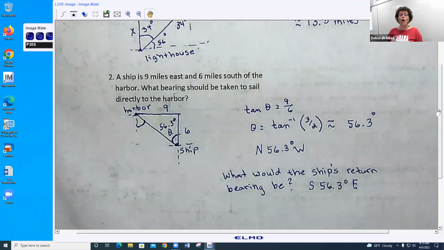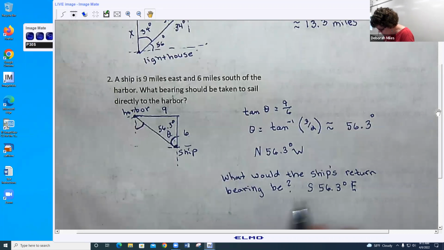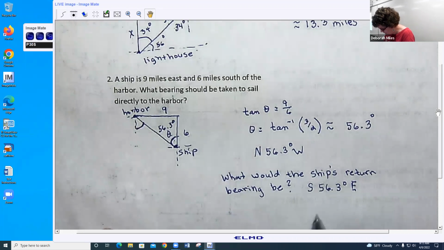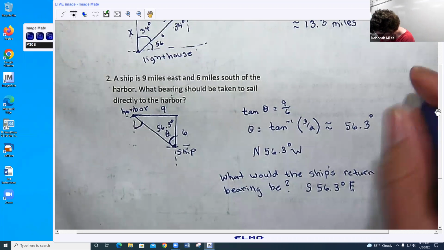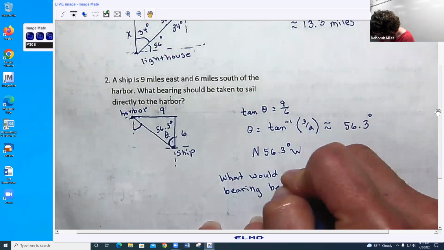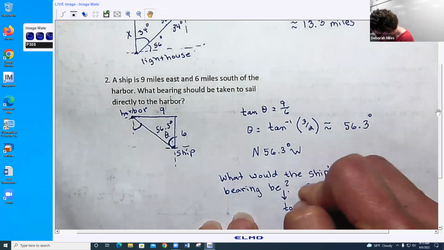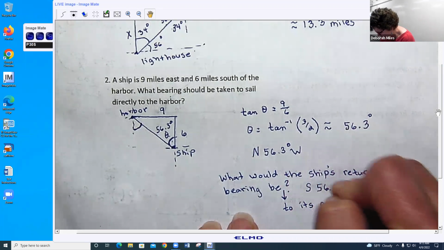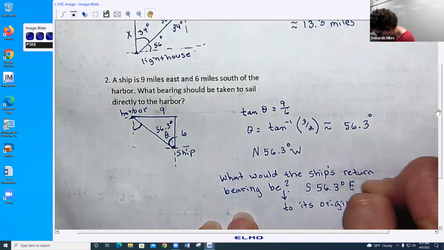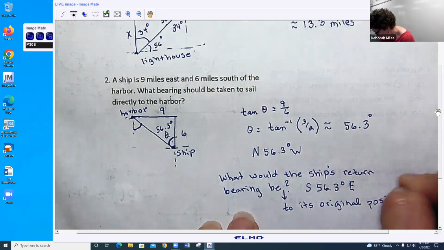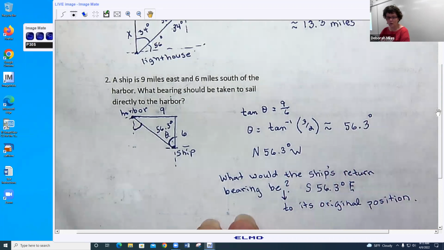That's why I was confused. Oh, okay. I could have added something to that question. What would the ship's return bearing be? I could have said return to its original position, and that would have helped you, right? No, it's already at the harbor. It wants to go home.